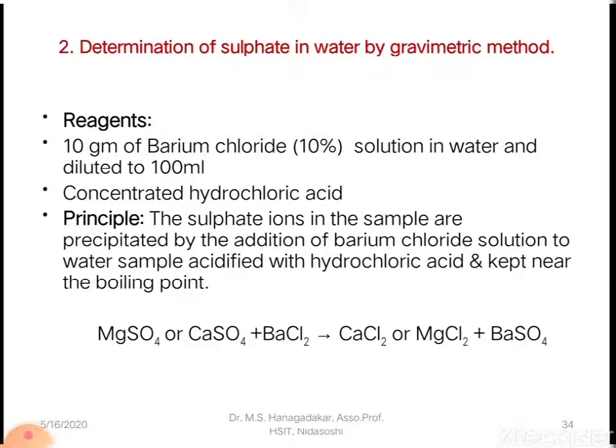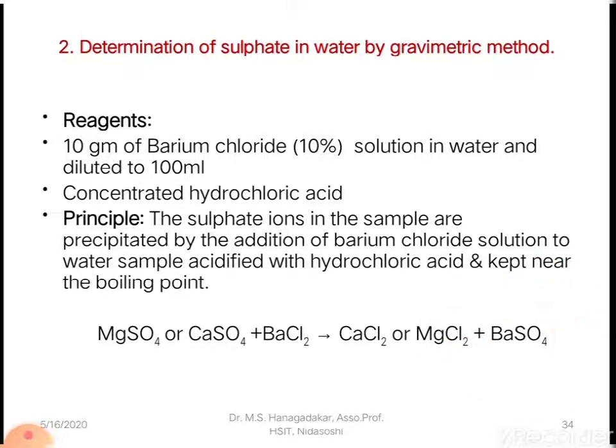So what is the principle of this analysis? The sulfate ions, if present in the water sample, are in a dissolved state. When they react with barium chloride in acidic medium, they form barium sulfate.